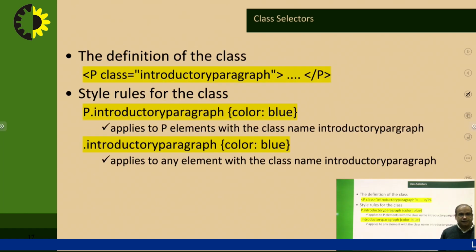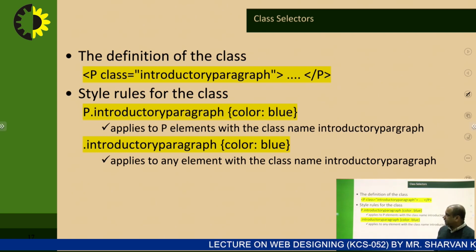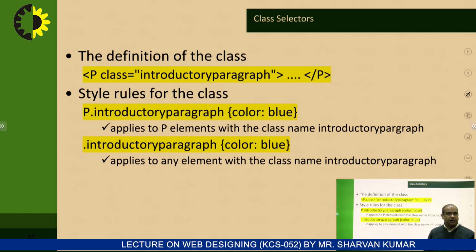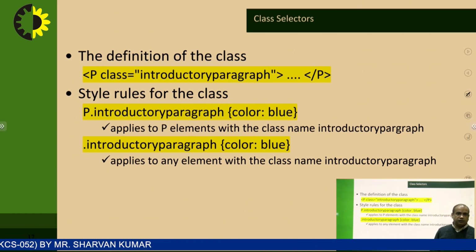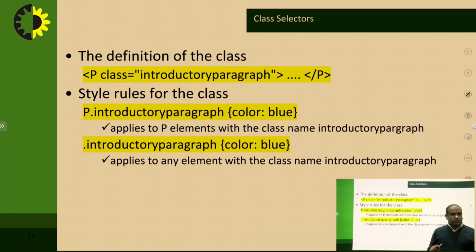Next is class selector. Now we are going to specific changes. So the class selector is used if we want a particular group of elements to be changed, not the whole element. As we saw in the earlier section, once we applied h2, it was applied to all h2 tags. Here we define it for some particular content.